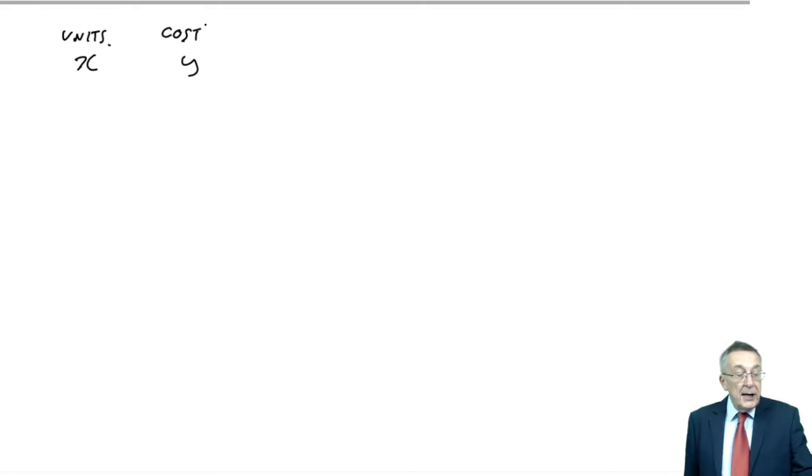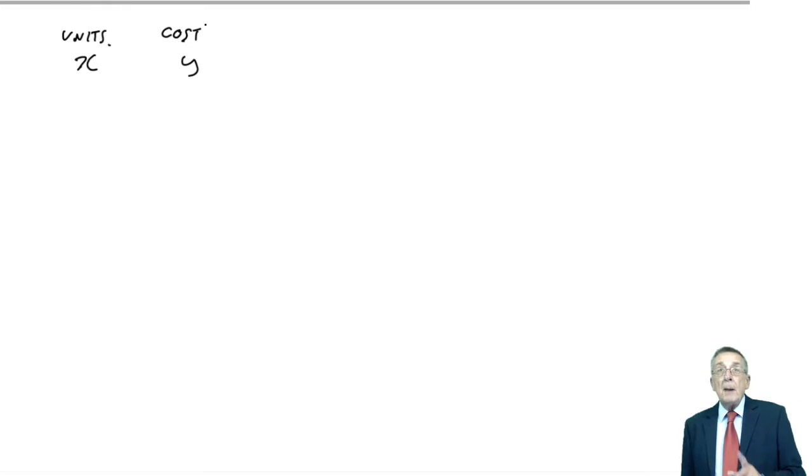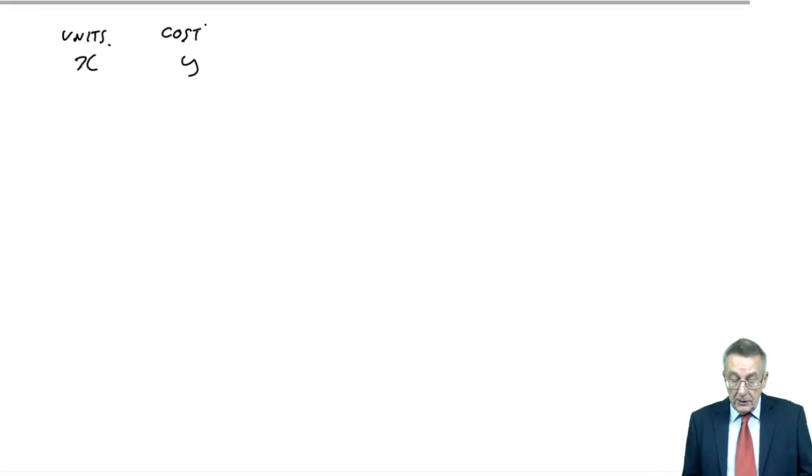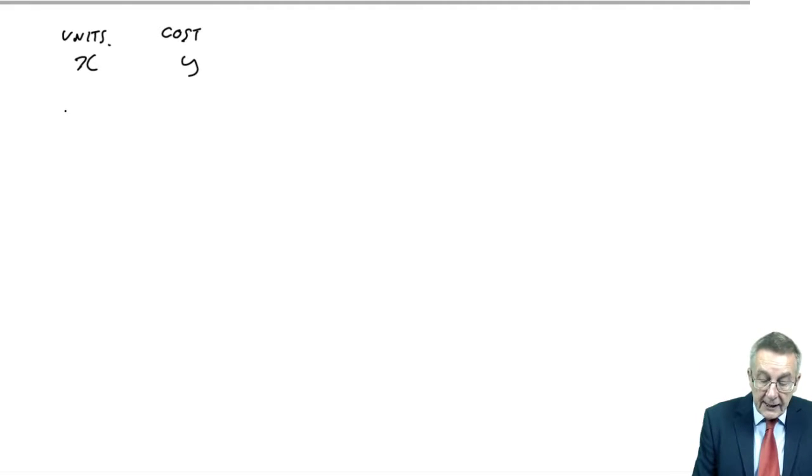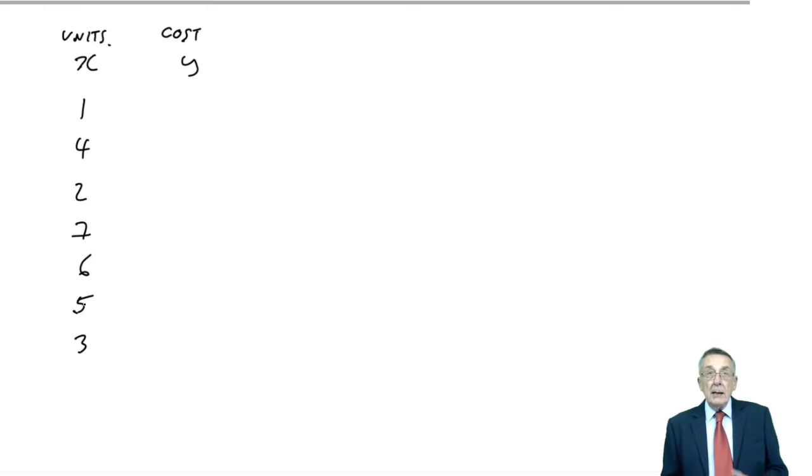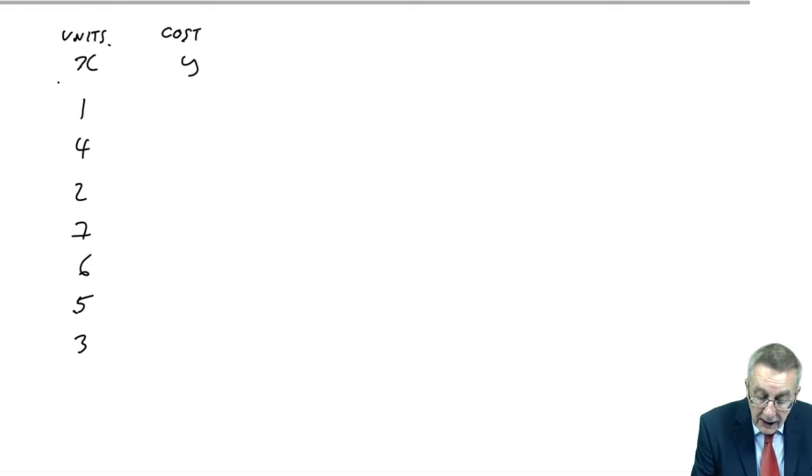And so instead of writing the output down as 100, 400, 200, I'm going to simplify it. So it'll simplify our arithmetic, as you'll see, but I'm going to write it down in hundreds. So I'll do 1, 4, 2, 7, 6, 5, 3. So I'm going to treat my units as hundreds. It will make the arithmetic a bit quicker.